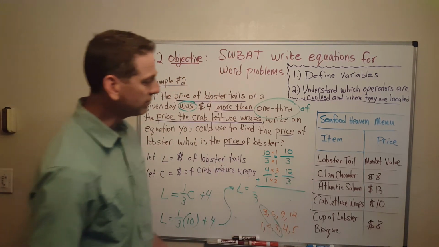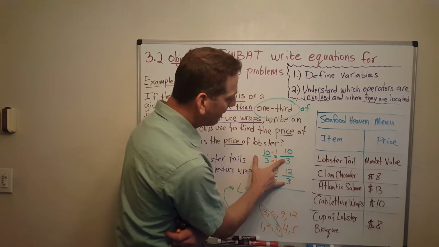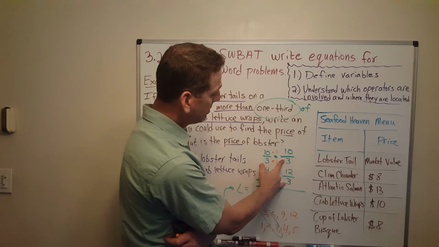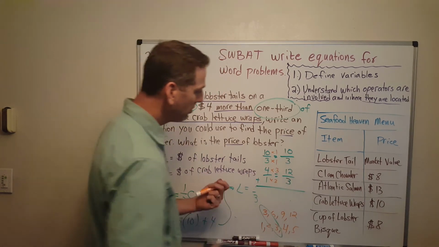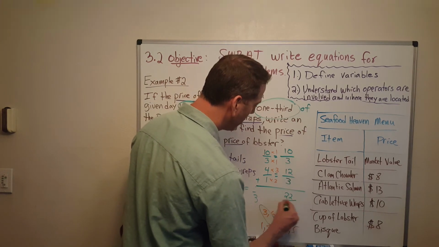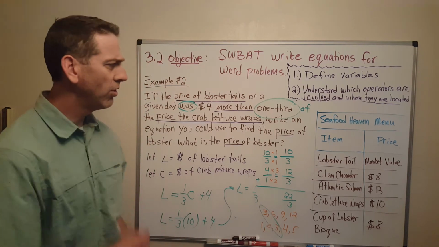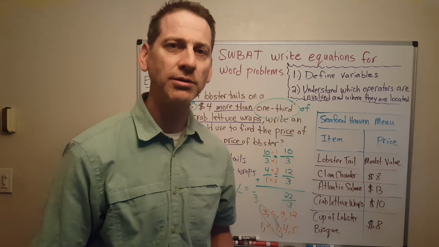All right. Now, since I have the same denominators, I can add my numerators. So 10 plus 12 is 22. And I just keep my denominator the same. So the price of the lobster tails is 22 over $3.